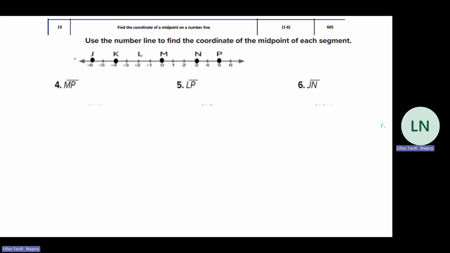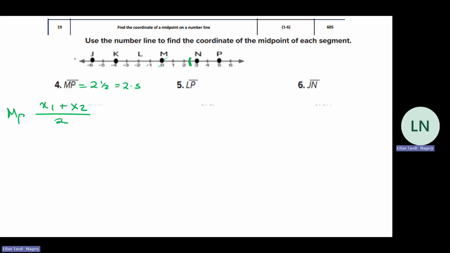Let's continue. We are doing M to P. So this is 5 spaces, so 2.5. Here is the midpoint. 2.5 should be my answer. If I don't get that, I am wrong. x1 plus x2 divide 2.